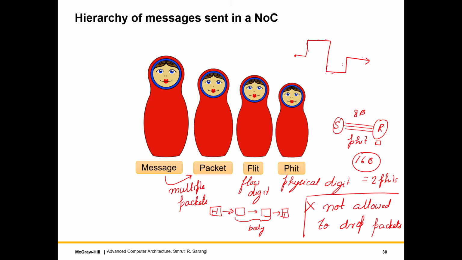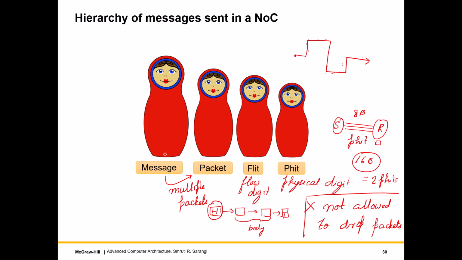Furthermore, given a large message, it is packetized, but many a time, the entire message is a single packet. And you make all the routing decisions, which means you figure out which path your flits will take, only for the head flit, and then the rest of the flits follow the head flit, in the sense they take the same route.